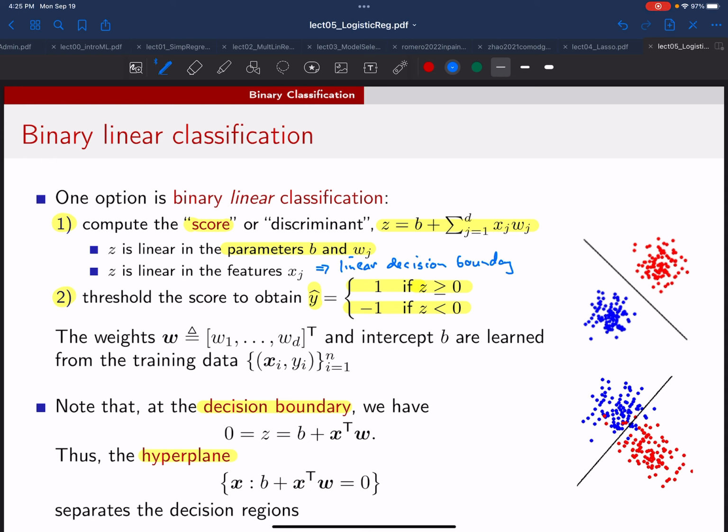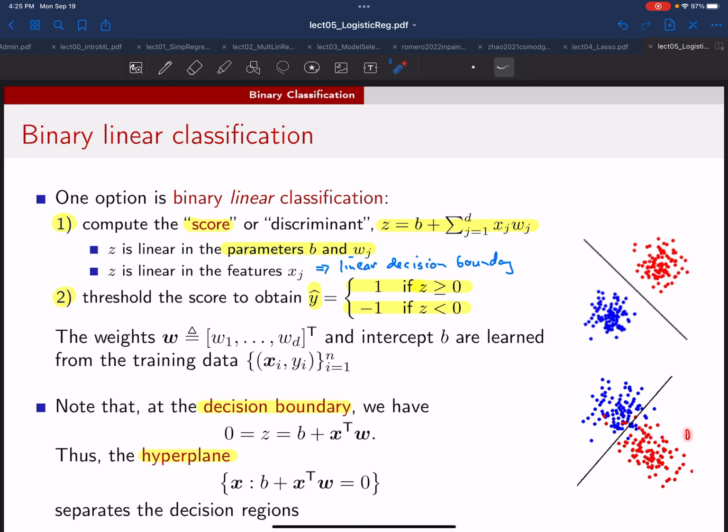Okay, and so that's going to have some big consequences for the kind of data sets we can handle. For this to work well, we would like that our data set is such that you can somehow find a line for which all the samples from one class are on one side and all the samples from the other class are on the other side. In practice, that's probably not going to happen.